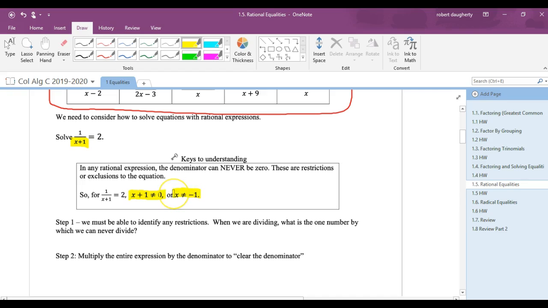-1, okay? So all you need to do is when you see something like this, whatever the bottom of the fraction is, you know that cannot be 0, okay? x plus 1 cannot be 0. If I subtract 1 from both sides, that tells me that x cannot be -1. Okay, we'll have several words for this. We can call this a restriction. We can call it an exclusion.